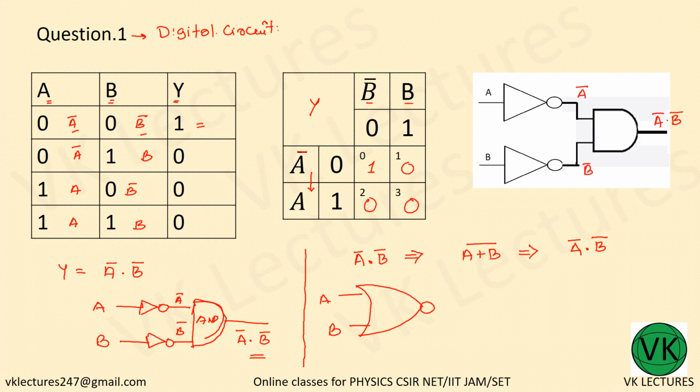So this gives A plus B bar, which is equal to A bar dot B bar. Both these digital circuits give the same output. Any of the circuits you can select. So this is how you can build the digital circuit using the output for given inputs.